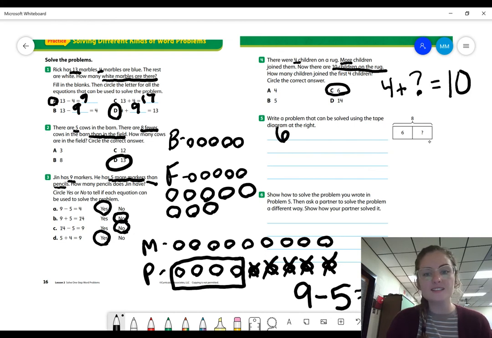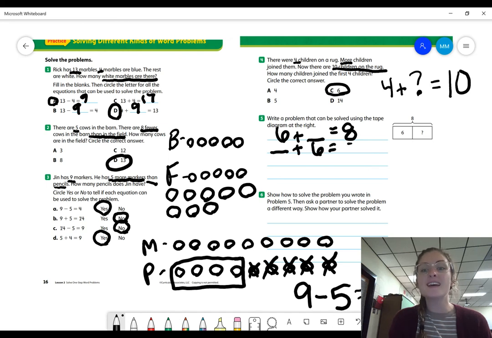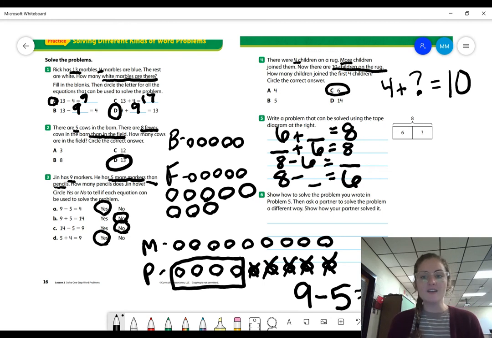So we have 6 plus our missing part equals 8. I could also do my missing part plus 6 equals 8. And if I subtract, I start with my whole. So I could do 8 minus my part equals blank. And I could also do 8 minus my missing part with 6 left.